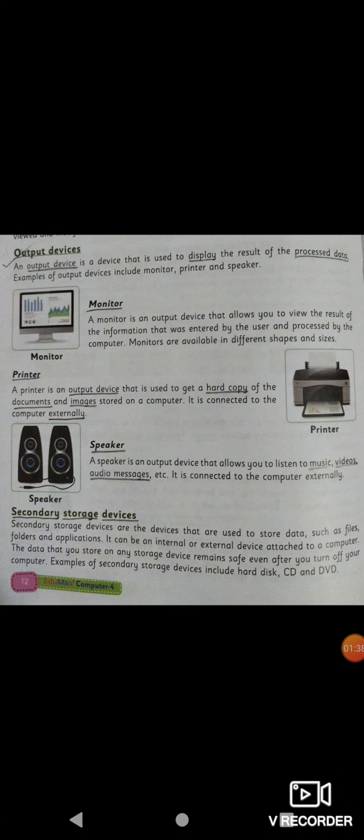Whatever happened in the background in the computer machine, whatever information that we input using a keyboard, mouse, and various other devices, something is happening in the background, and then the result is displayed on the output devices. Output devices include monitor, printer, speaker, so on and so forth.